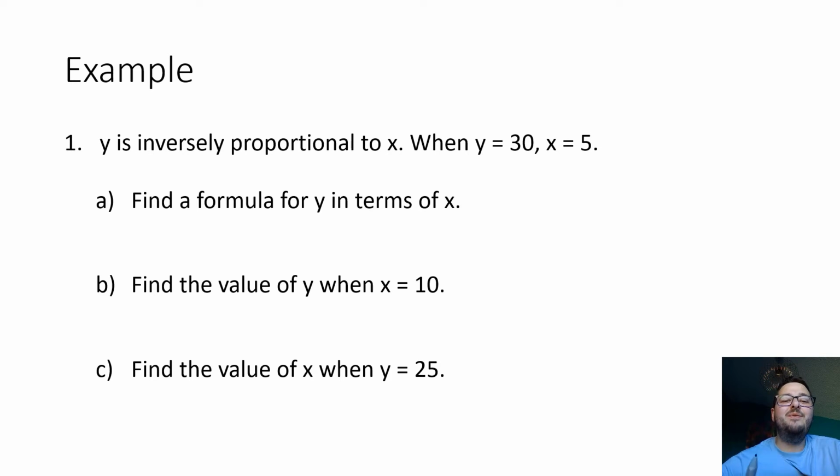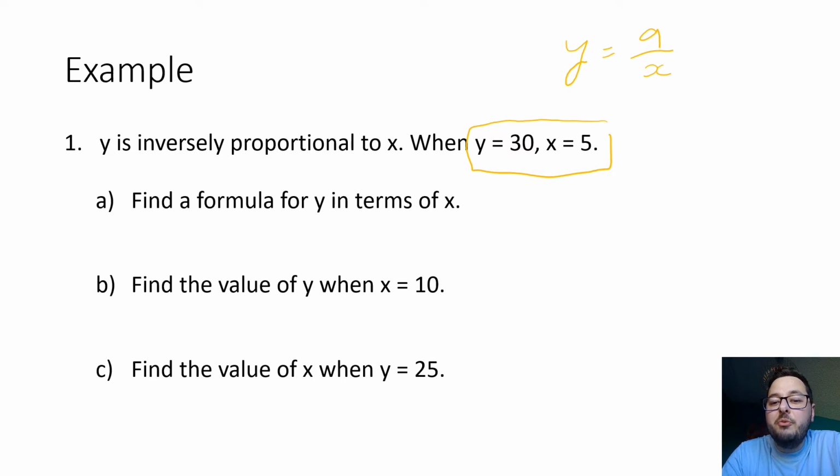Alright, so y is inversely proportional to x. When y is 30, x is 5. And the first part says find a formula for y in terms of x. So if y is inversely proportional to x, we can start by just writing y equals something divided by x. Then we can use these bits of information they've given us to figure out what that something is.